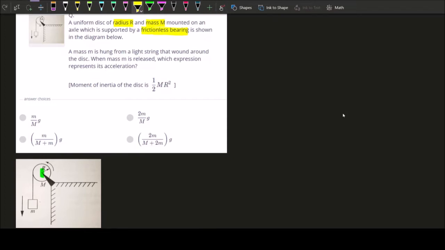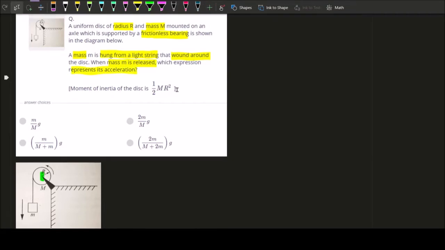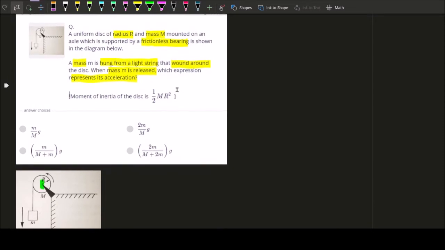And, as shown in the diagram below, you have a mass hung from a light string wound around the disc, exactly like your experiment. Then mass M is released, which represents its acceleration. Well, it's exactly like your experiment. You should be able to do it, right? But never mind. Let's try it.